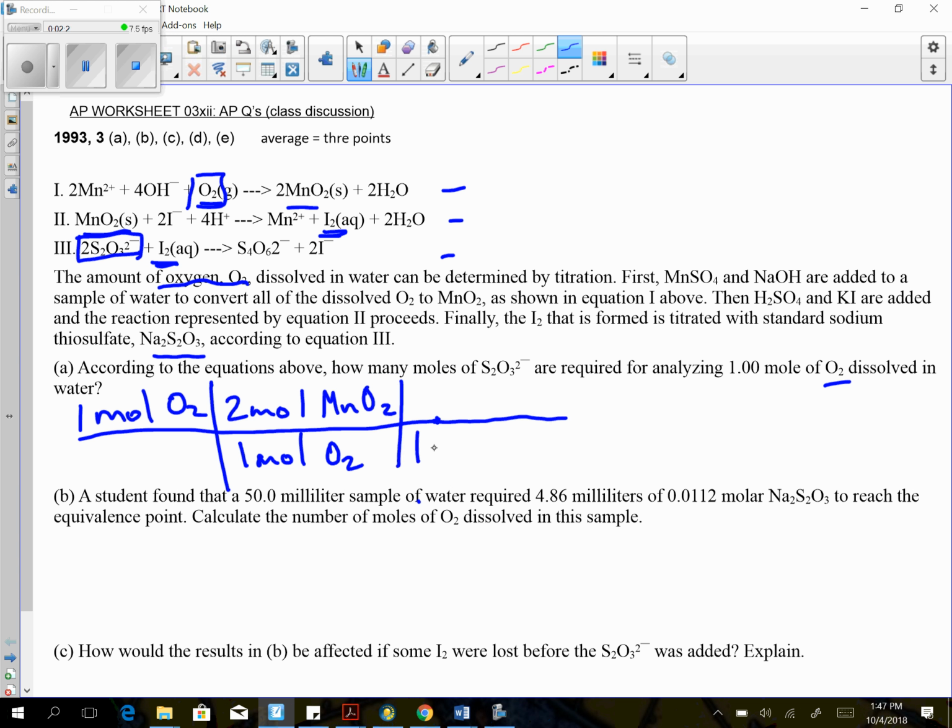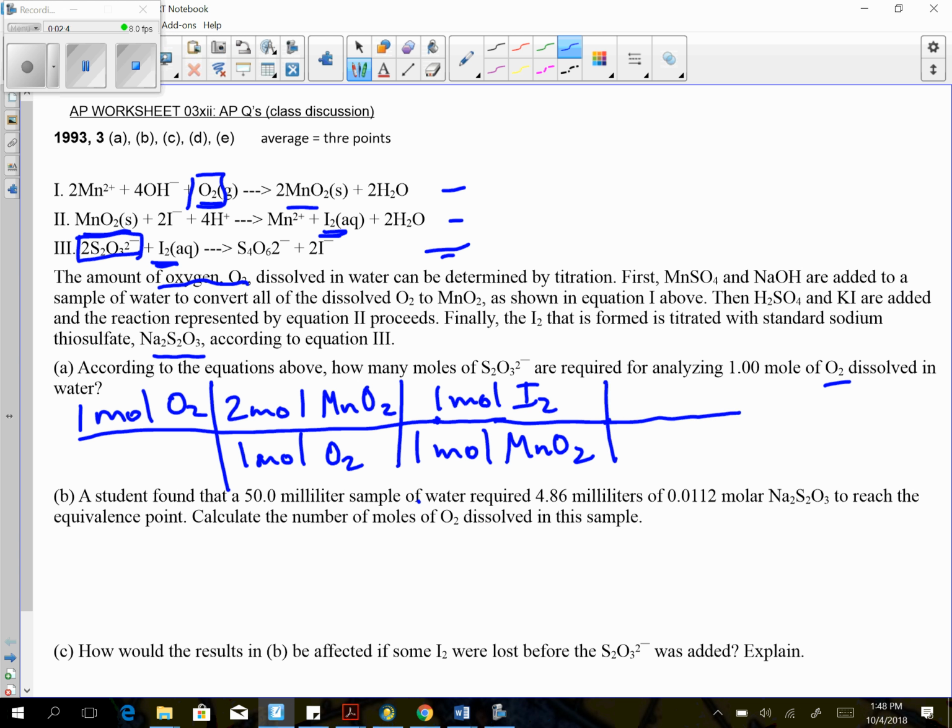And then for every 1 mole of manganese dioxide, we form 1 mole of I2, the iodine.